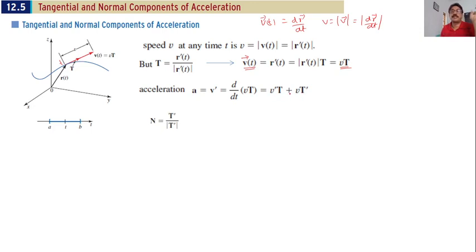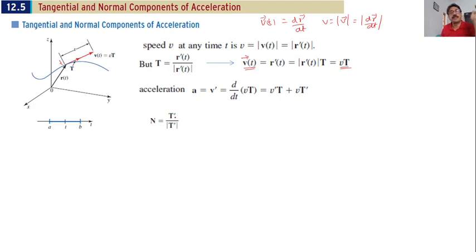Now we are going to express this in terms of the unit tangent vector and unit normal vector. Already we got the first term in terms of T, but the second term we will express in N, the unit normal vector.